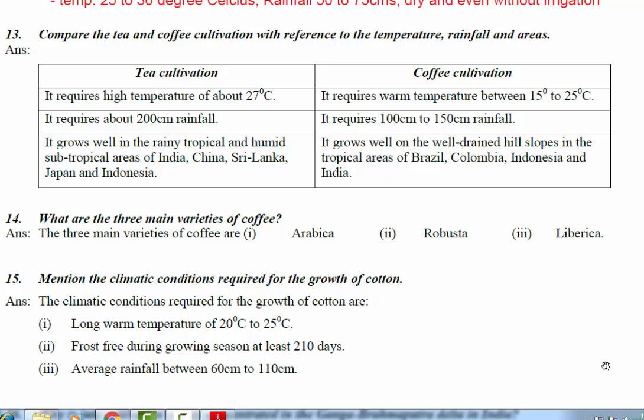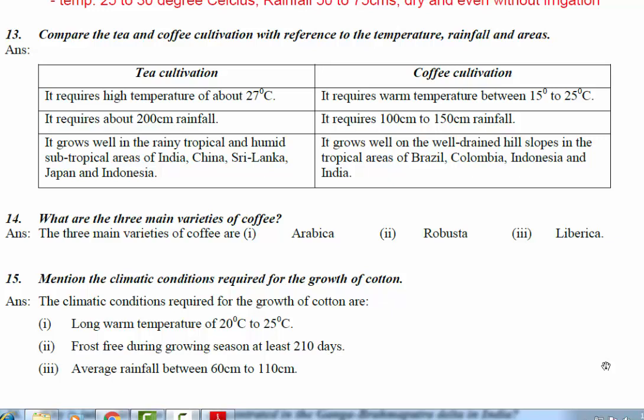Okay, let us compare and contrast the cultivation of tea and coffee. Tea requires high temperature of about 27 degrees Celsius, whereas coffee 15 degrees Celsius to 25 degrees Celsius.